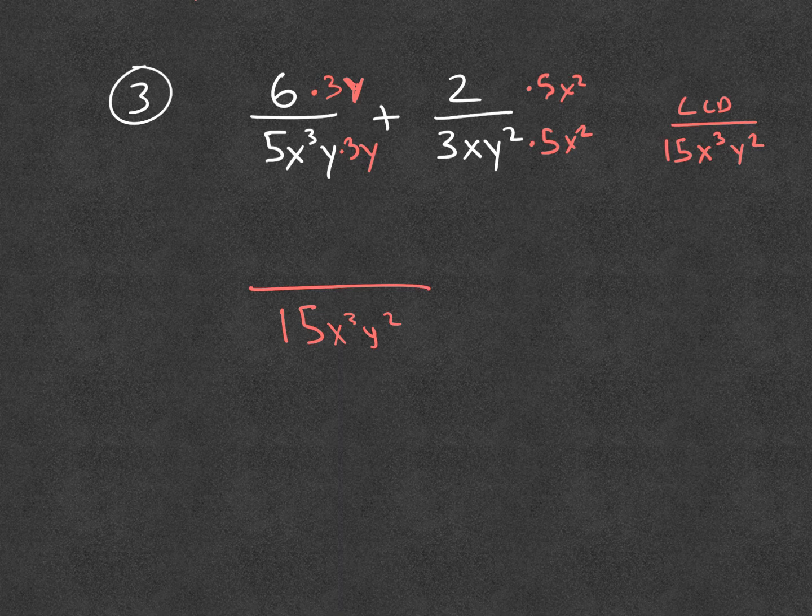So here we go, 6 times 3y, that would be 18y, plus 2 times 5x squared would be 10x squared.